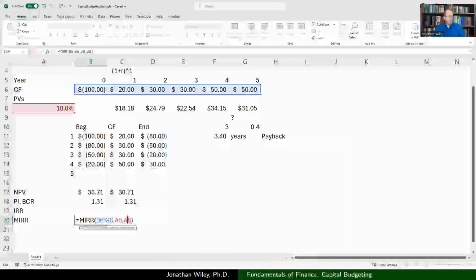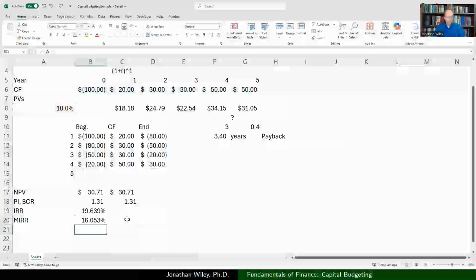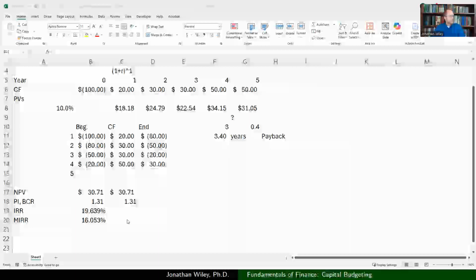So that's why I use the same finance rate and reinvestment rate. And again, lo and behold, that MIRR landed between the IRR and that required rate of return, which is good because that's what we indicated should happen.